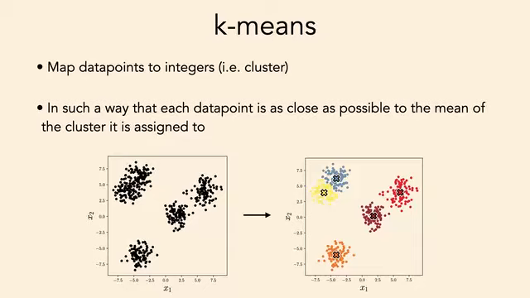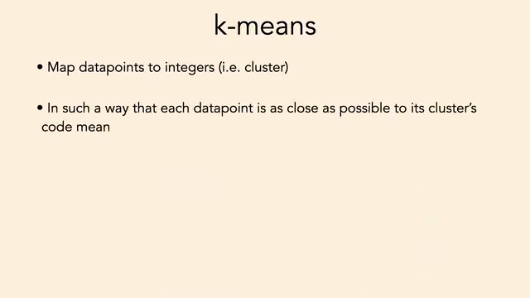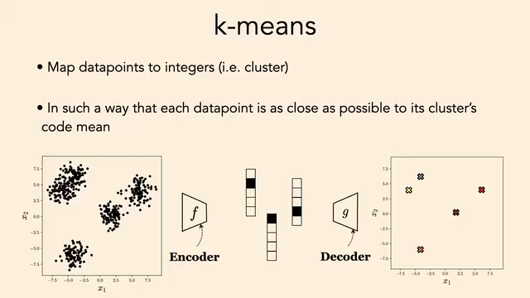Here's the representation learning view of k-means. I'm going to train an encoder that will output one-hot codes, and then my decoder will be like a lookup table. It takes in a one-hot code and outputs a vector, trying to output the vector that will reconstruct the input as best as possible. If I can only output a single vector for every item in a cluster, every item in the cluster goes to the same one-hot code, so now I can decode that into just a single vector.